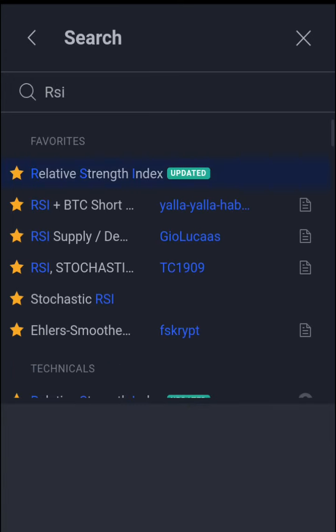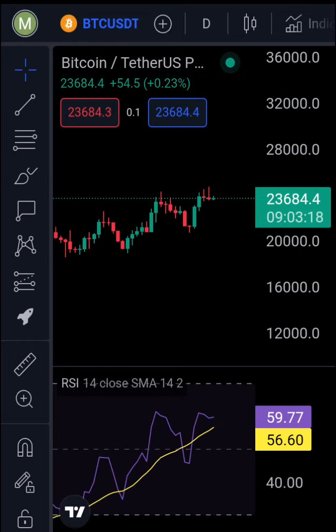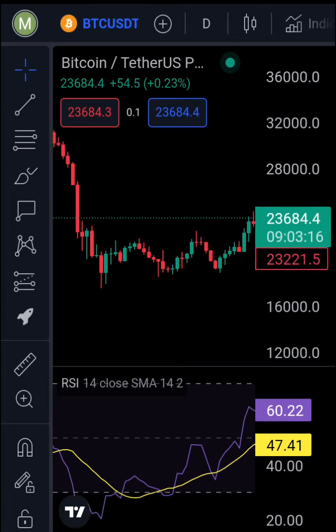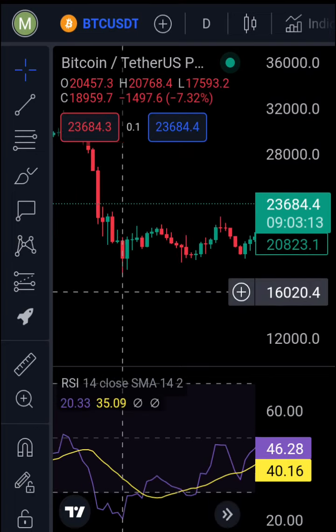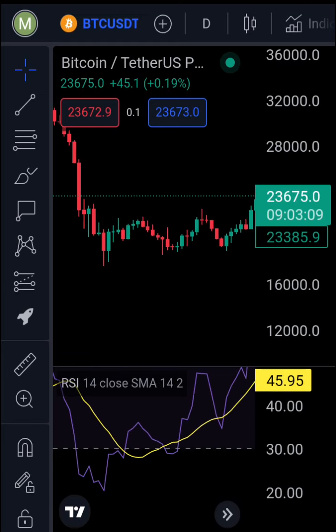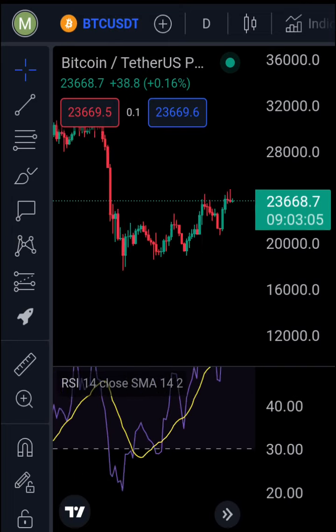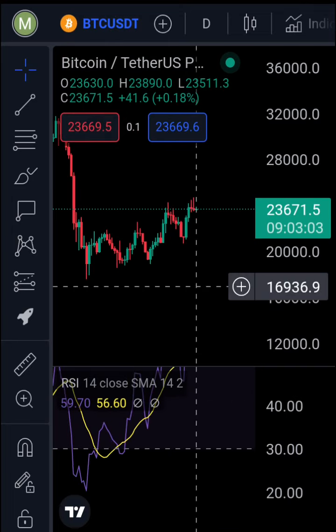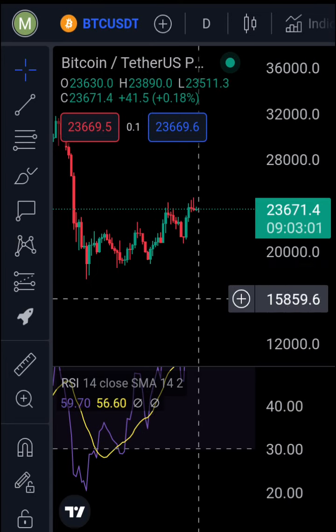The RSI on the daily, usually after a spike down like this over here, we make a low. The RSI will make a low over here. It did. Then price action will come and make a lower low. So we'll break 17.5 at some point.